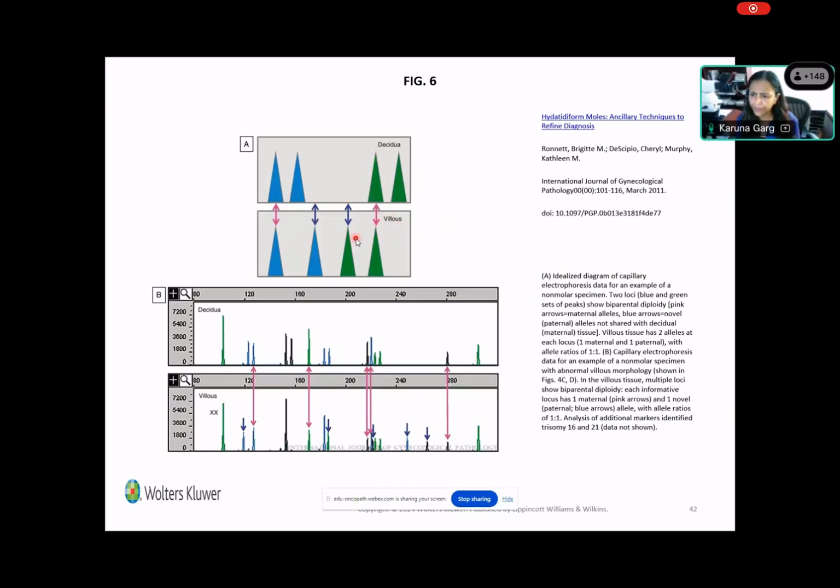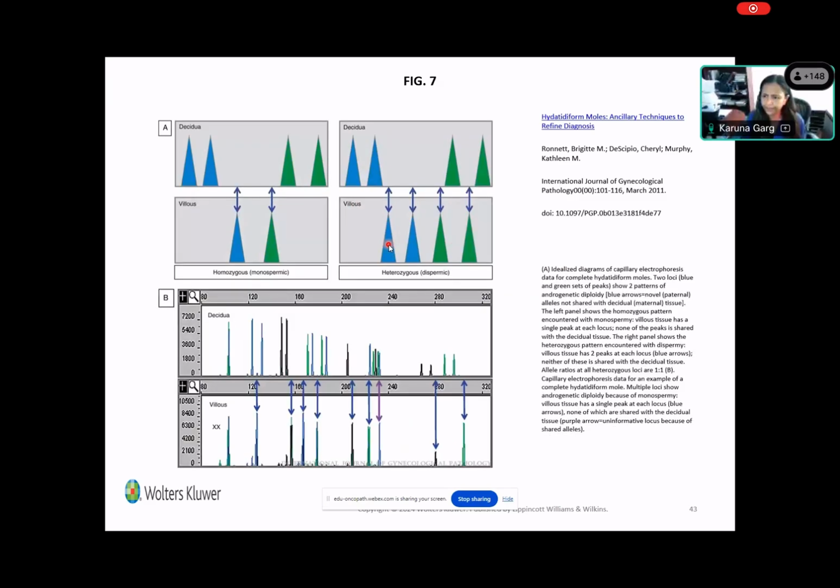There are only two peaks, so it's diploid. One copy is from mom. One copy doesn't match mom, and you can assume it's coming from dad. So this is biparental diploid. It's normal, non-molar, one copy from mom, one copy from dad, diploid gestation. So this is a non-molar study.